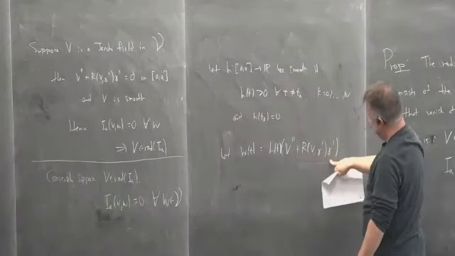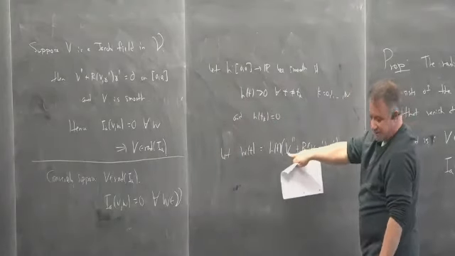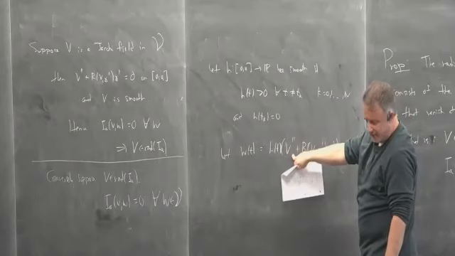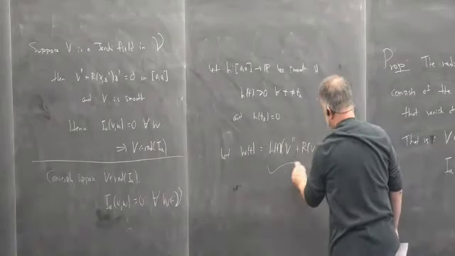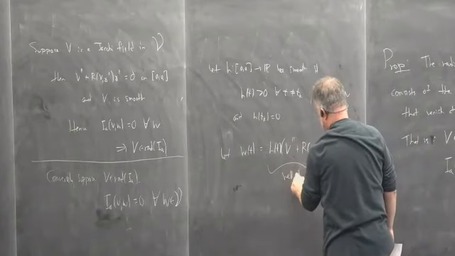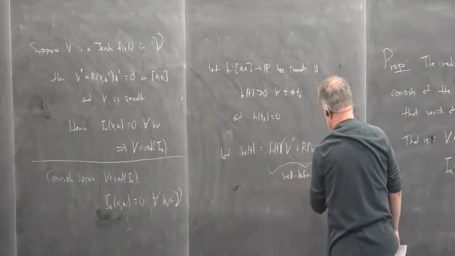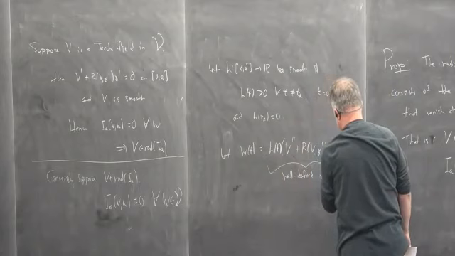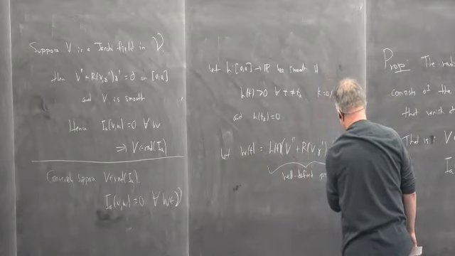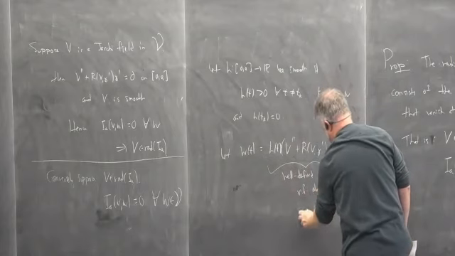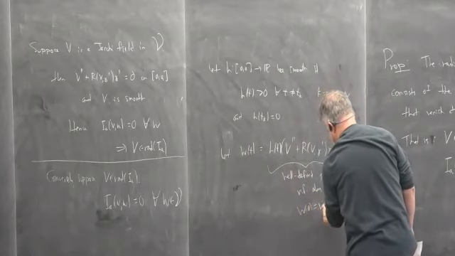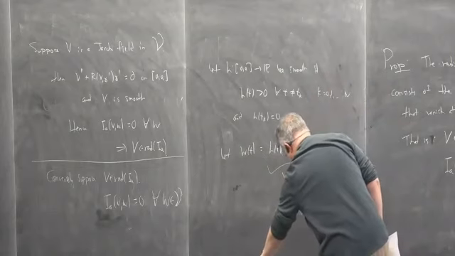So remember, this guy only makes sense away from the tk because V double prime is not well defined at the tk. But H here goes to 0 at the tk. So this is a well-defined piecewise smooth vector field along gamma, and W of 0 equals W of A equals 0.